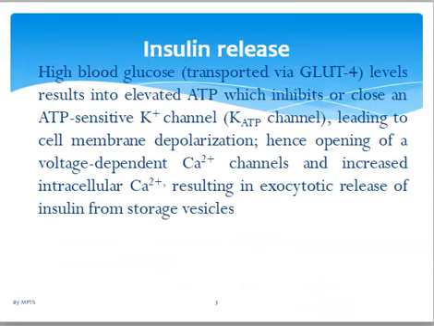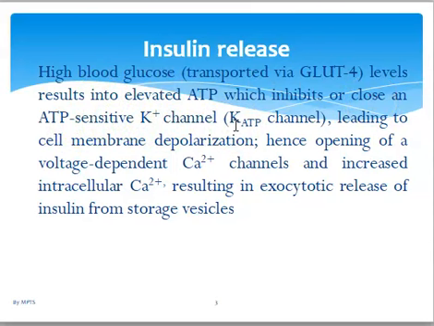Now, let us first talk about insulin release, because we have to know insulin release to understand the mechanism of action of all these other drugs, because they affect insulin release. High blood glucose levels, transported by GLUT4, result in elevated ATP, which inhibits or closes the ATP-sensitive potassium channel.